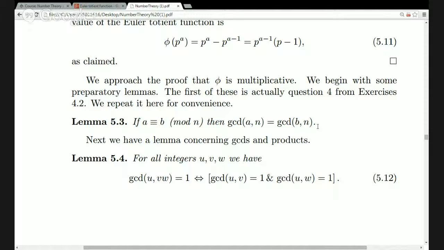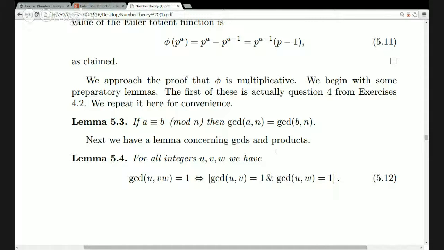The other result is one special property of co-primeness, greatest common divisor. This says, well, when is u co-prime to a product v times w? That's what the left-hand side of this equivalence is saying. The greatest common divisor of u with v times w is 1.